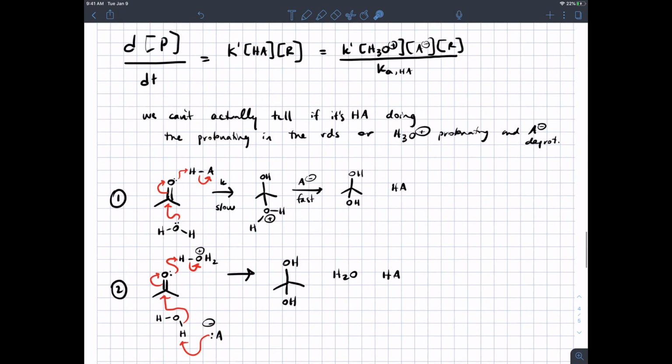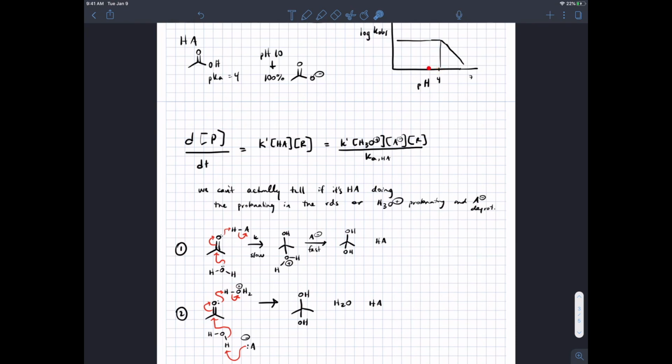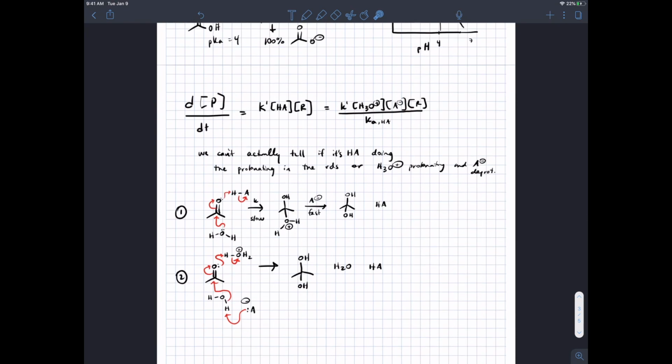They're related by the Ka. And so presumably if you lower the pH beyond a certain point, you may increase your amount of hydronium, but you're going to dramatically decrease your amount of conjugate base. Yeah. So they would offset each other. Yeah, really kind of weird.